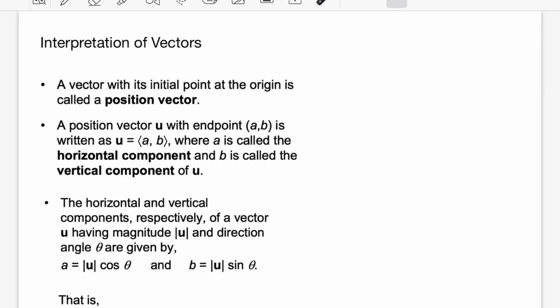Now the horizontal and vertical components of this vector u, having this magnitude here and direction, so we'll get to that in a moment, are given by this here. So a, our horizontal component, is going to be the magnitude of our vector u times cosine of our angle theta. And similarly for our vertical component here, this will be the magnitude of our vector u times sine of our direction angle theta.